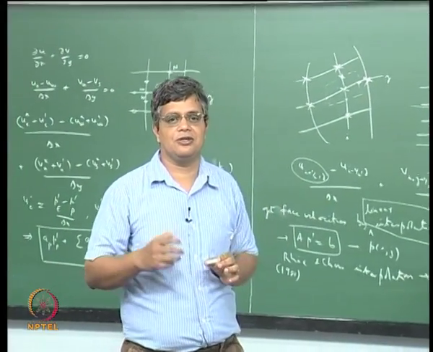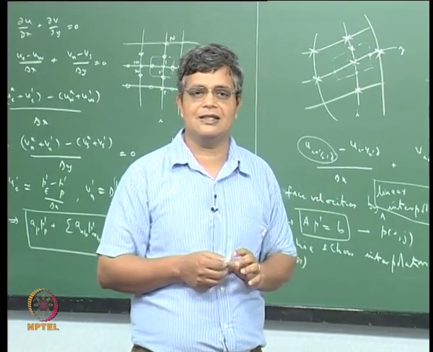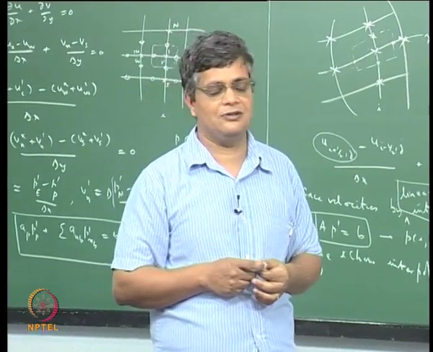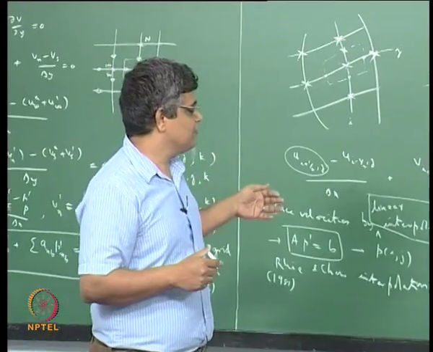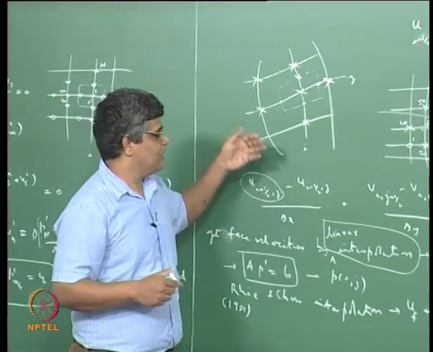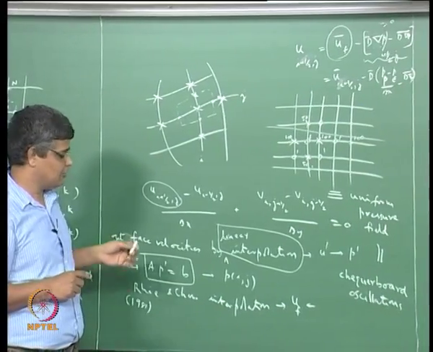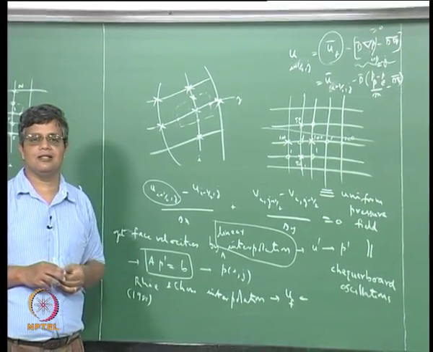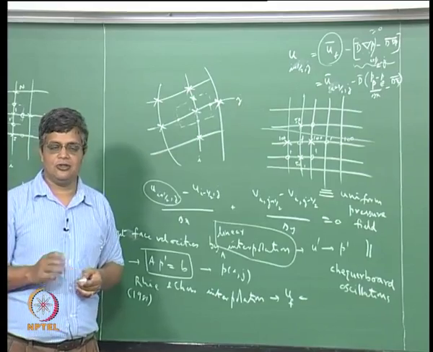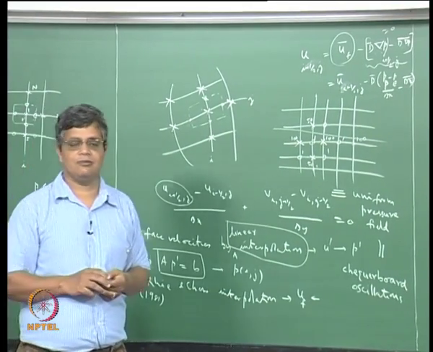Without this kind of cure it will be very difficult to avoid a checkerboard oscillation. So this is a modification that is required when we are planning to use a collocated grid approach, which is the norm for complex flows.